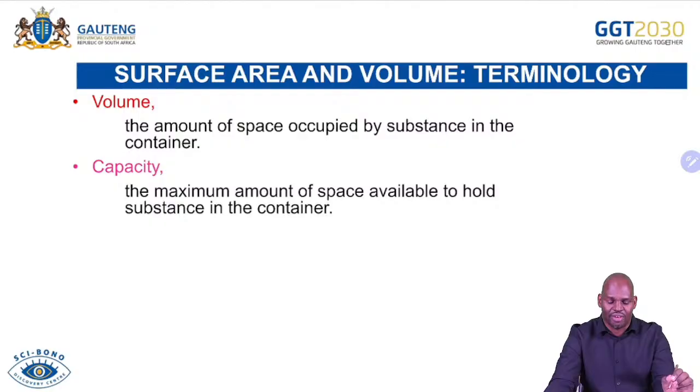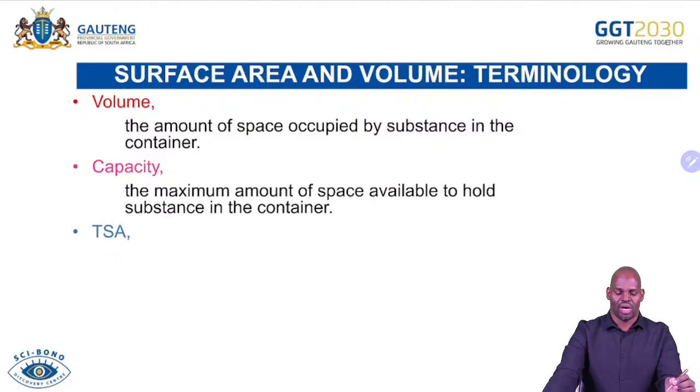So you should see the difference. They can even ask you to differentiate between the two, volume and capacity. So you just give the definition of any one of these terminologies.